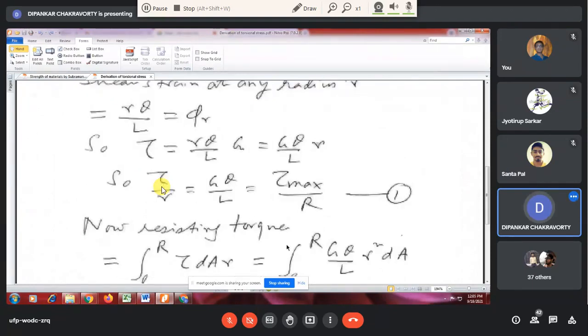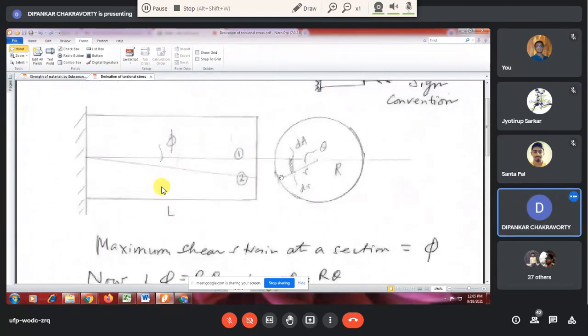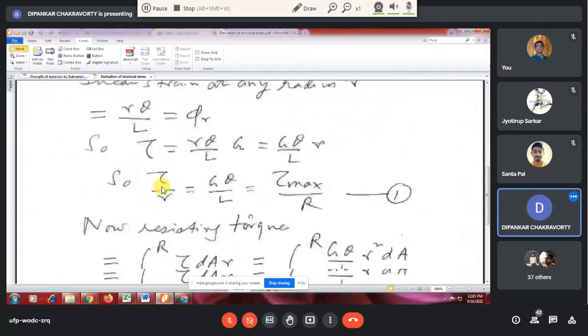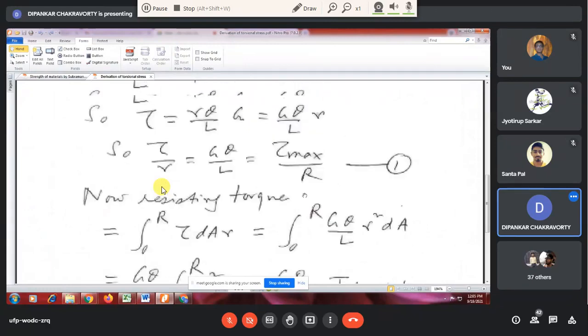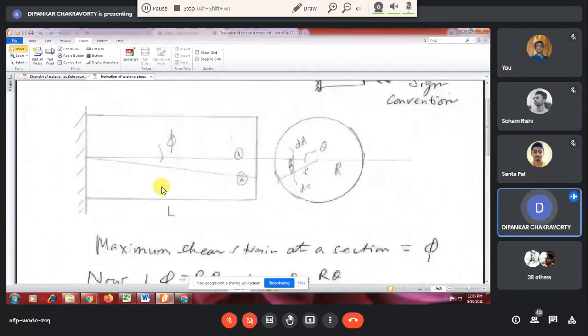Now, if you look at the resisting torque, from distance r you go a small distance dr, then this is the elemental area dA. If you multiply dA with tau, then you will get the shear force which will be acting tangentially on this surface.